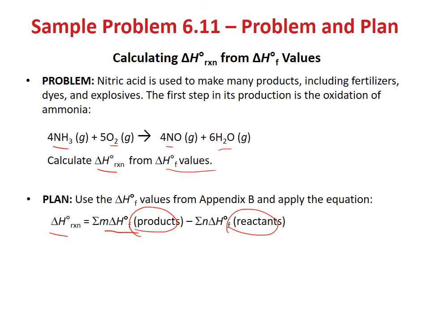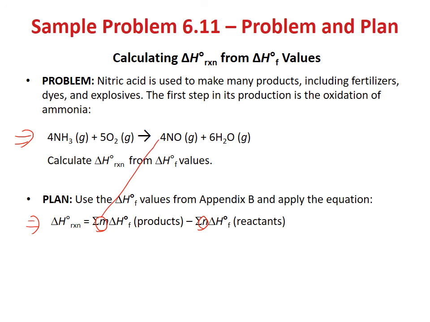We should look at appendix B to find the standard formation enthalpy of the products, water and nitrogen monoxide, minus the standard formation enthalpy of the reactants, ammonia and oxygen. Note in this equation, m and n represent the coefficients in the balanced equation.